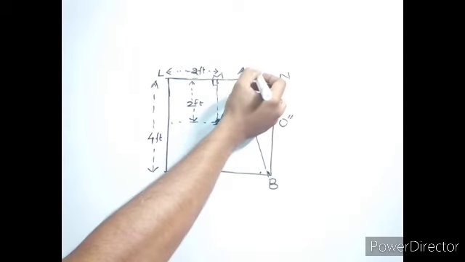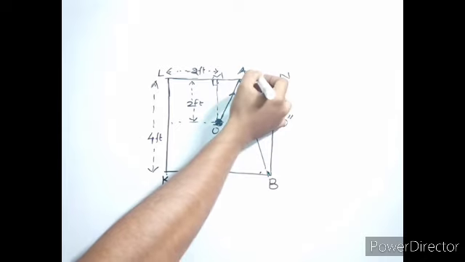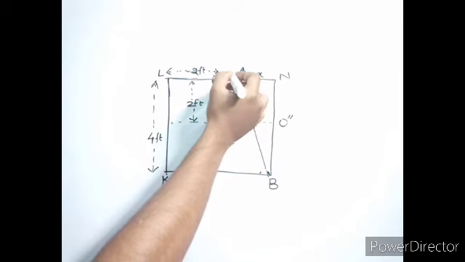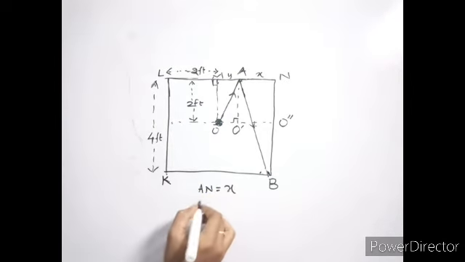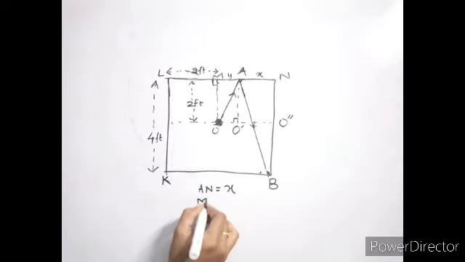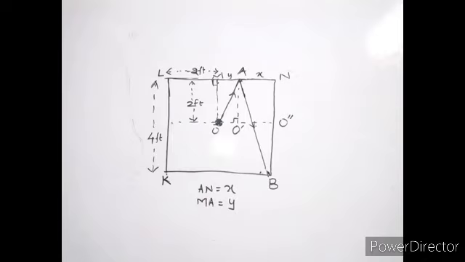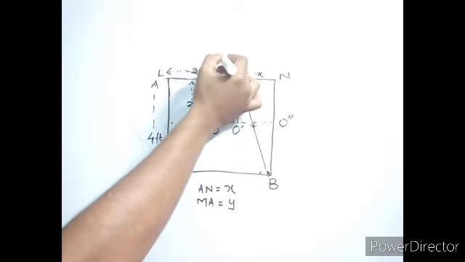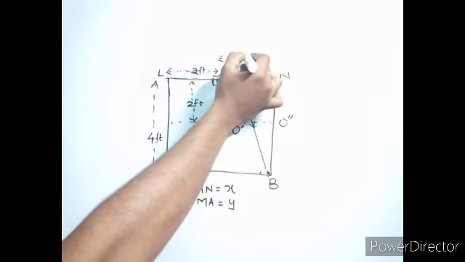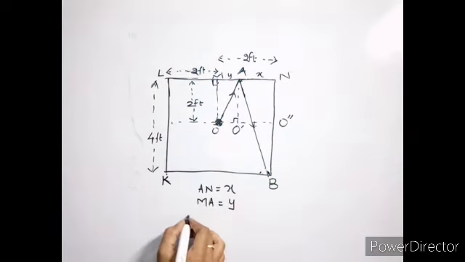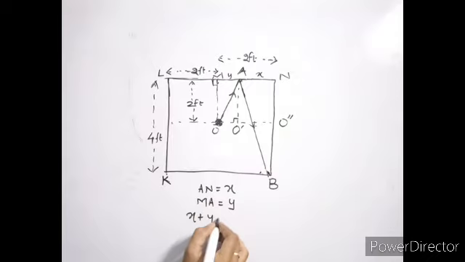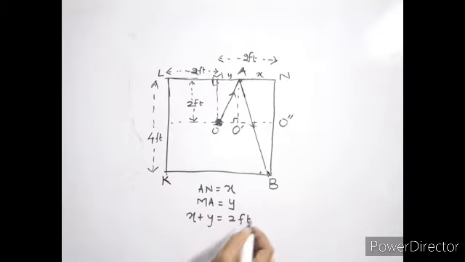So let me take the side AN to be of distance X and AM to be of length Y. So AN is equal to X and MA is equal to Y. Now with the figures available to us, this total length is obviously 2 feet. So we have X plus Y is equal to 2 feet.